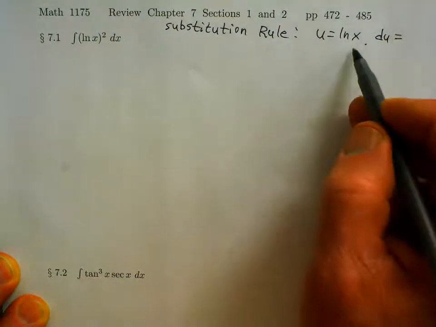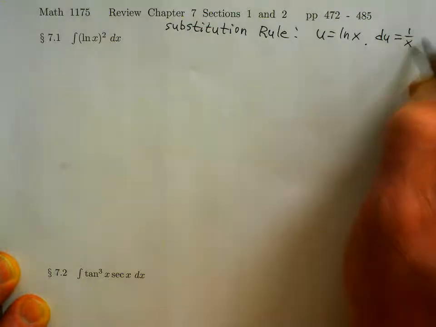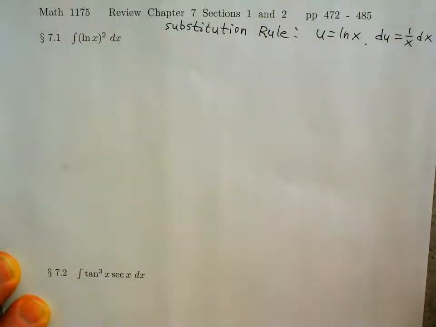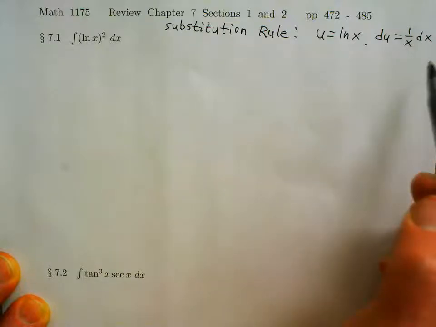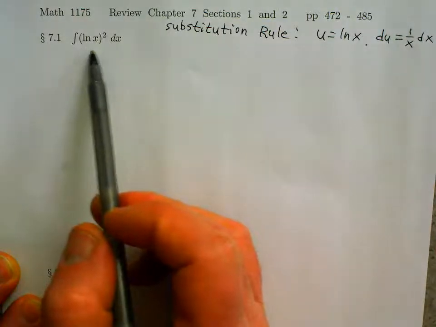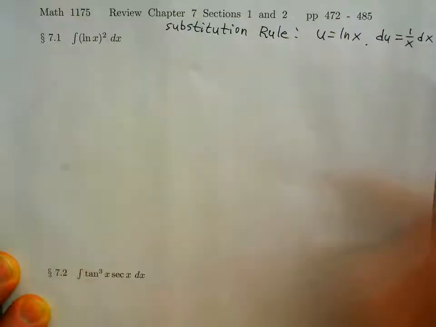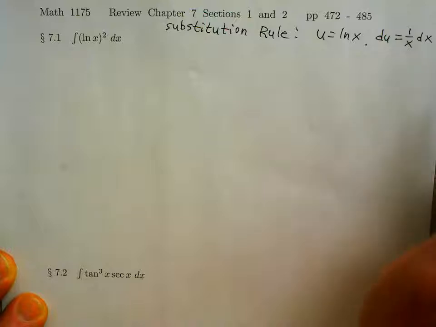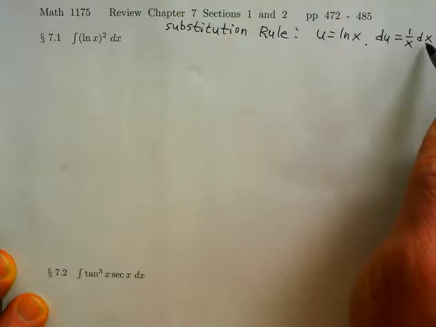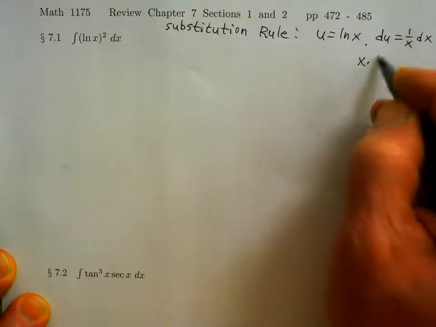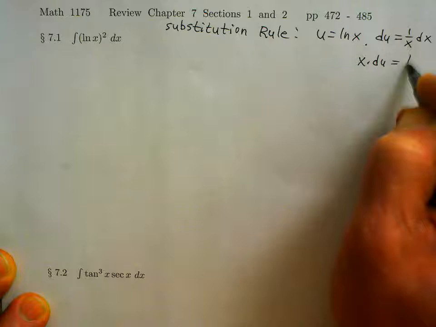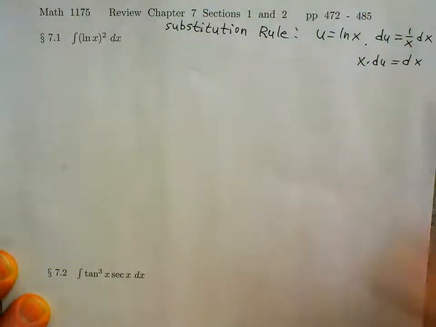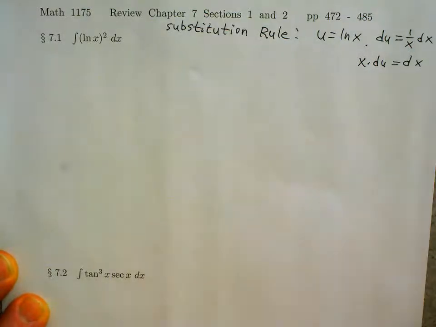The derivative of the natural log of x is 1 over x dx. We don't see a 1 over x here. We see a dx. That doesn't mean that it won't work. But if we solve this for dx, we get x times du equals dx. But we need to replace x with something in terms of u.